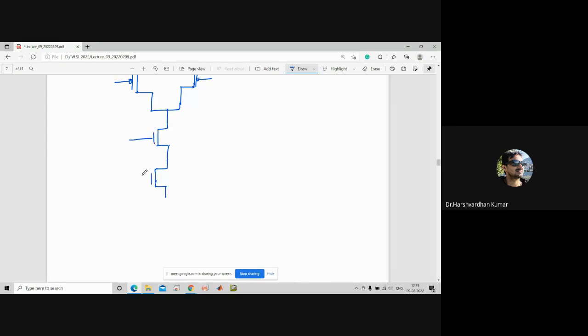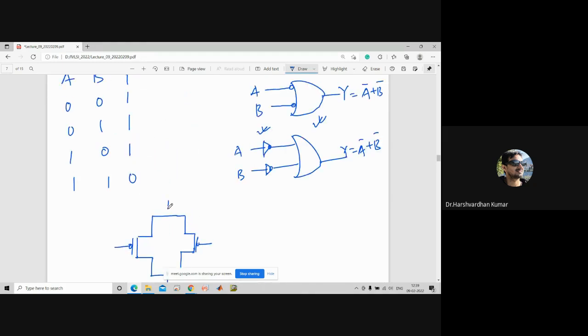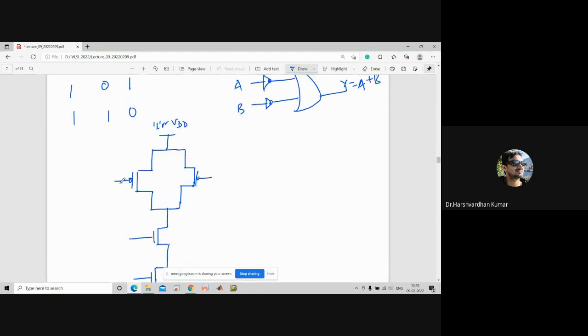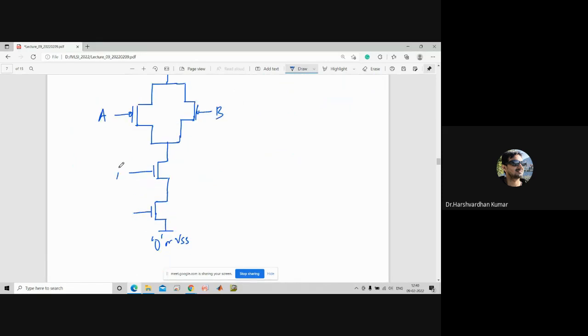Here, this is 0, or you can say ground, or VSS, and here you can consider this is at logic 1, or VDD, and here there are the inputs, A and B, and here you are taking the output.